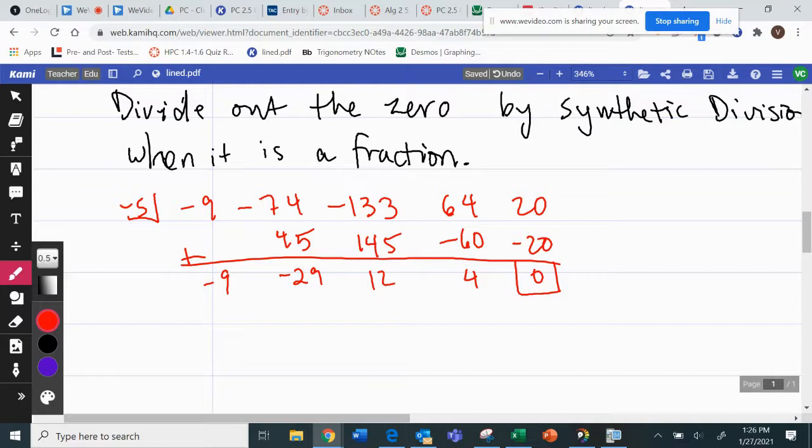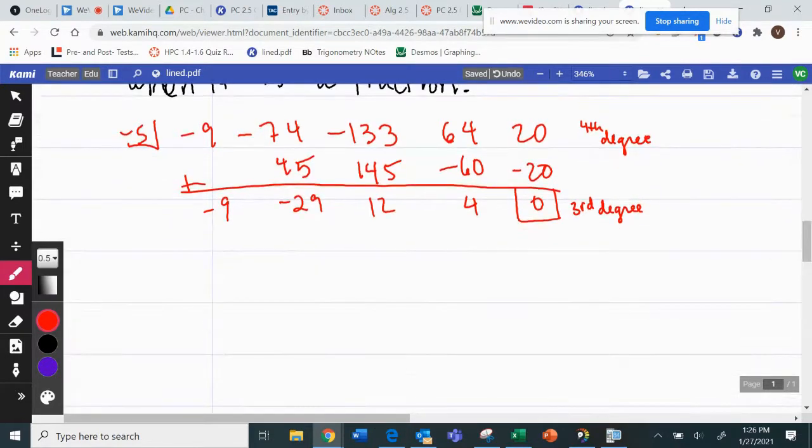All right. This was 4th power, 4th degree. I took out one of those factors, one of those powers, and now we are left with 3rd degree. Do I have to go back to my calculator? Yes. And we go back to our calculator and repeat that until when? Until it's quadratic.